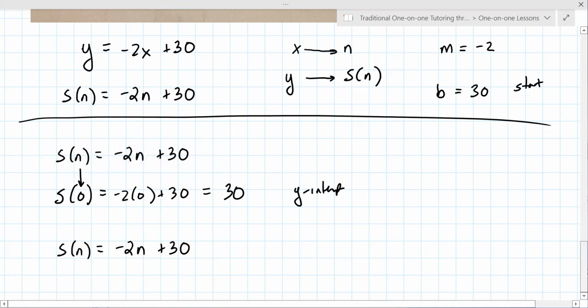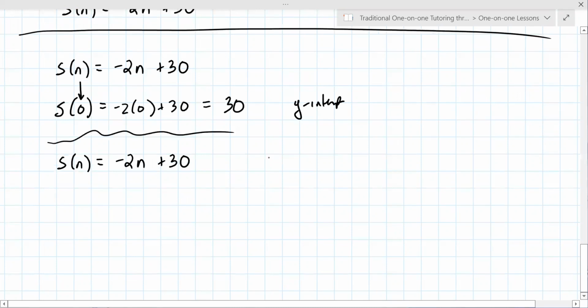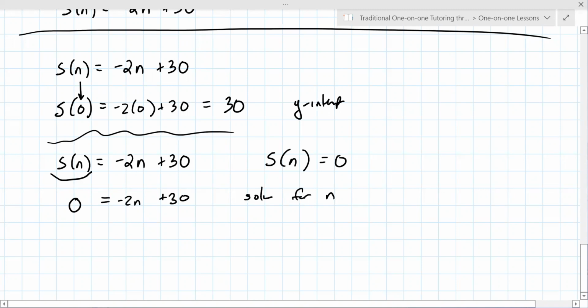So now the next thing is they want you to figure out where s of n equals 0. So this is where you put 0 in for s of n on the left-hand side, and you have to solve. Can I solve that? Yes. All right, sounds good.